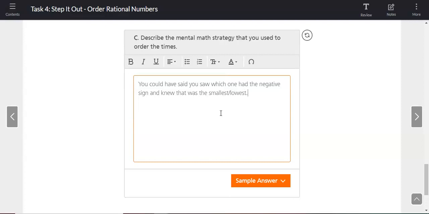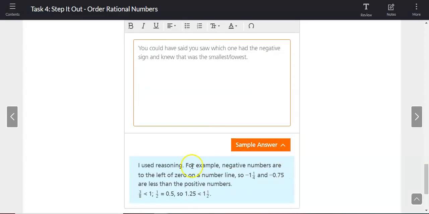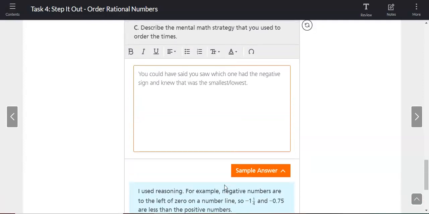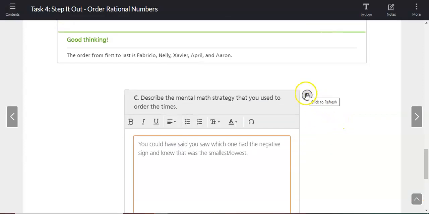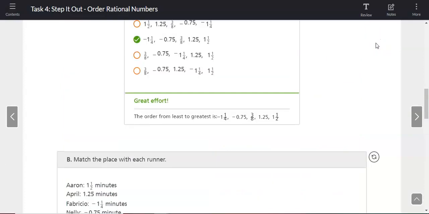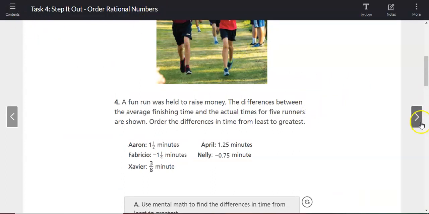And let's see a sample answer that they put down. So I used reasoning. For example, negative numbers are to the left of 0 on a number line. So -1 1/4 and -0.75 are less than the positive numbers. Now you don't have to have exact answers, so just do your best. I think that was all.